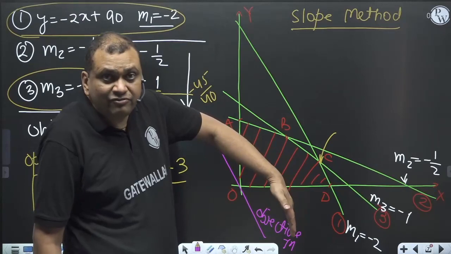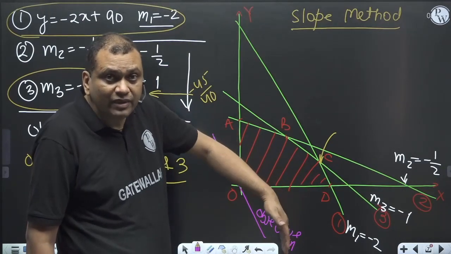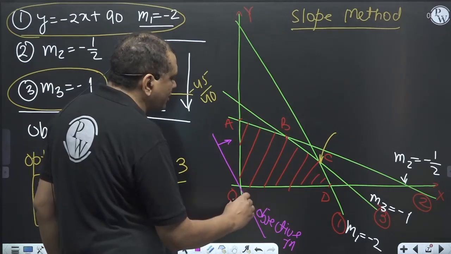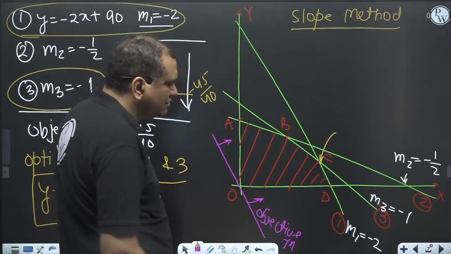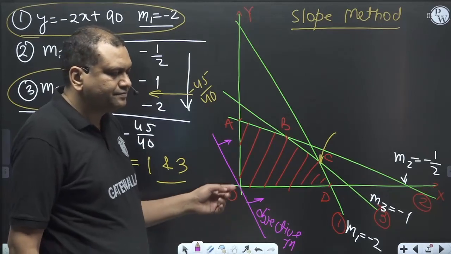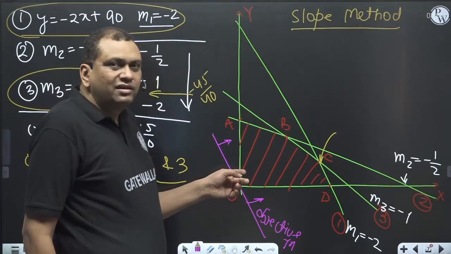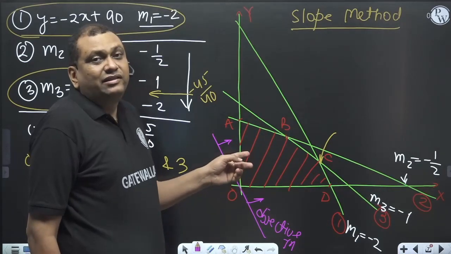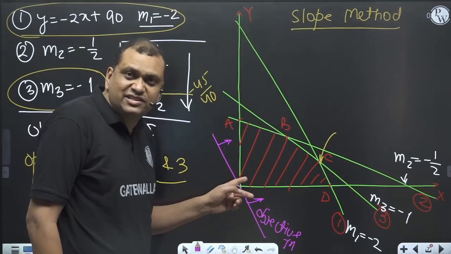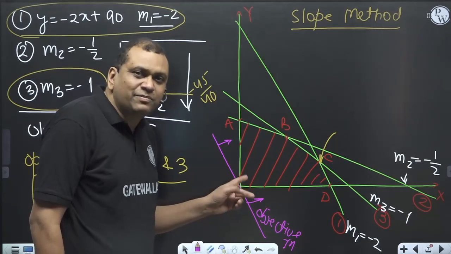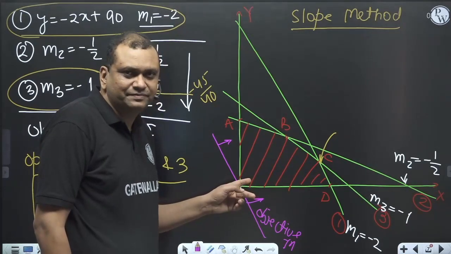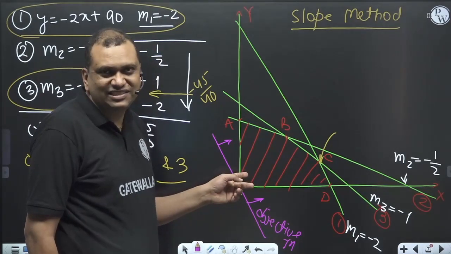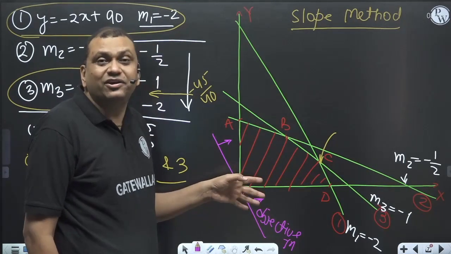I hope you are hearing very carefully. When we are shifting the objective function line towards the feasible region, the first point in the feasible region that the objective function line touches is the point of minima.